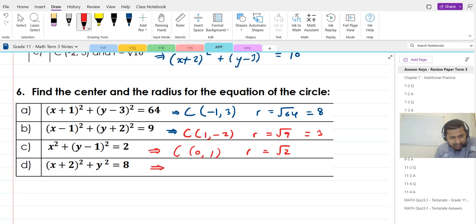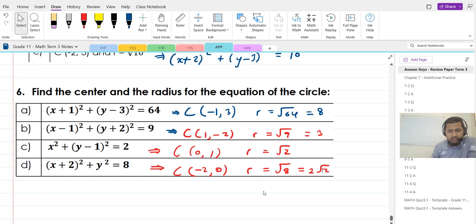The center here is negative 2, opposite sign, and there's nothing by the y, so 0, and the radius is square root of 8. If you do square root of 8, you should get 2 root 2 on the calculator, because 8 is 4 times 2, and square root of 4 is 2. So these are my answers.